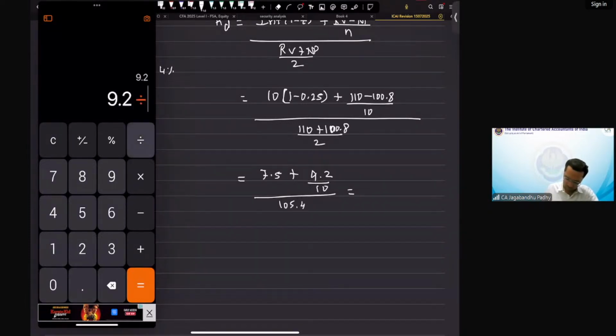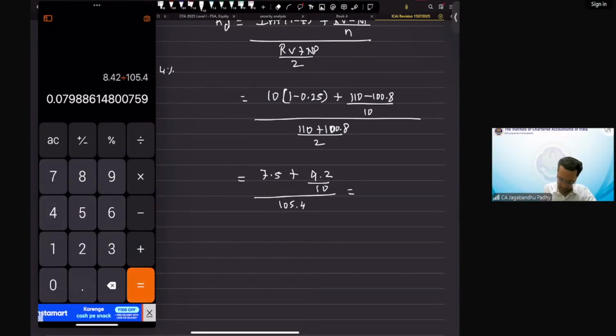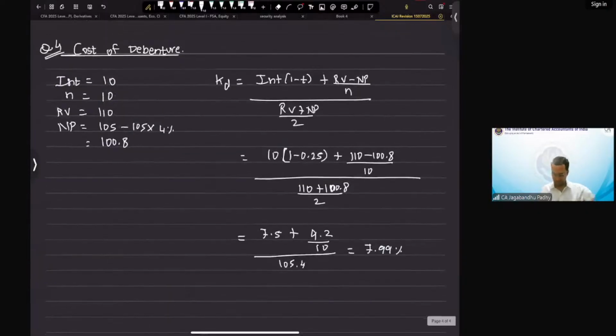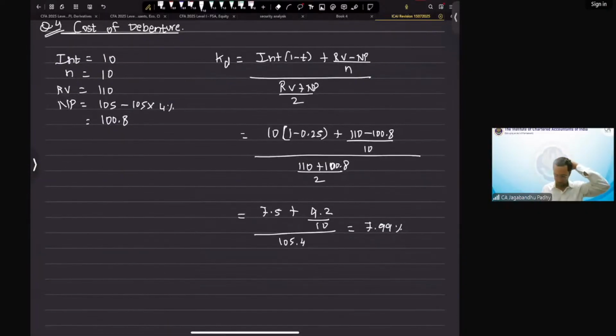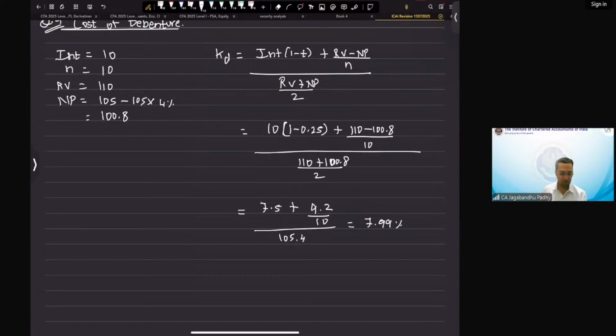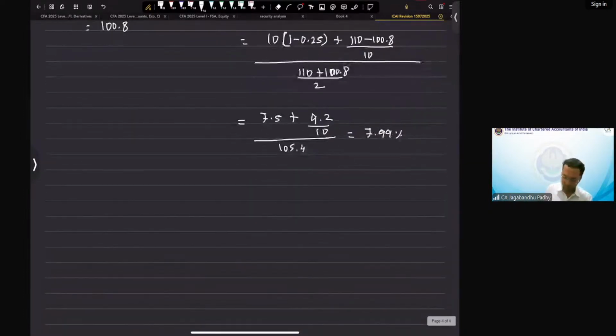That's 9.2 divided by 10 plus 7.5, divided by 105.4, which is 7.99%. The cost of debt is 7.99%. Now this is what we got by using the approximate method.